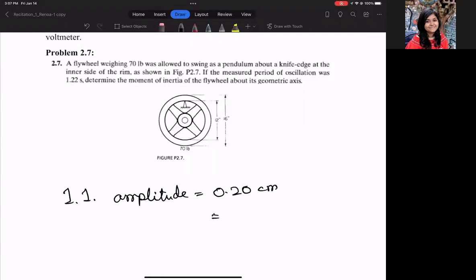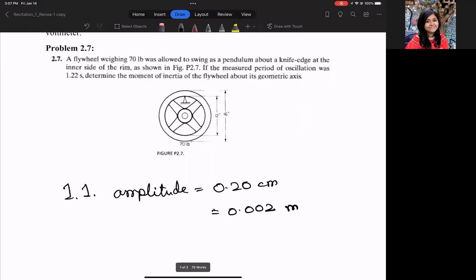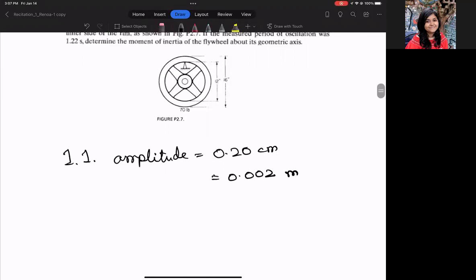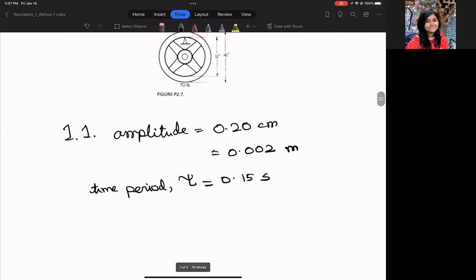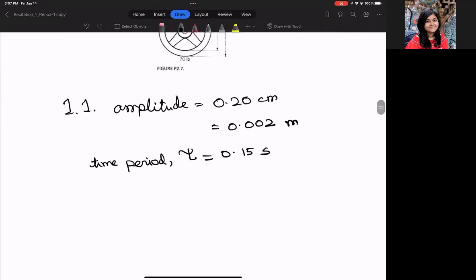I'll be just converting it to meter, 0.002 meter, and also given a time period tau of 0.15 seconds.